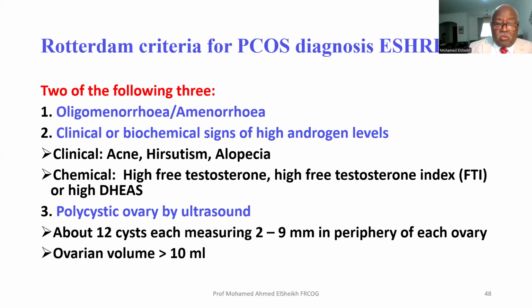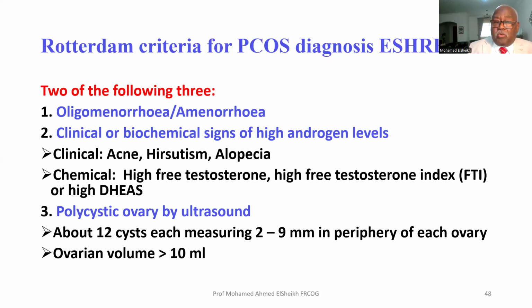Any two of these will diagnose polycystic ovary syndrome. And we say, if you are doing the ultrasound, about 12 cysts, each measuring about 2 to 9 millimeters in the periphery of each ovary, or the ovarian volume is about 10 milliliters. So this is how to diagnose PCOS.